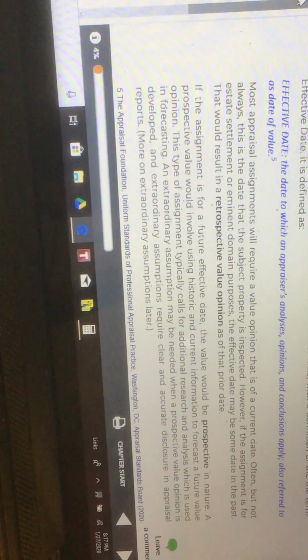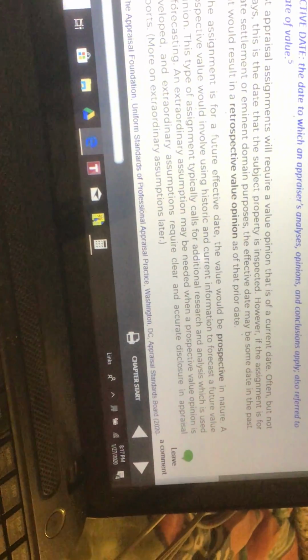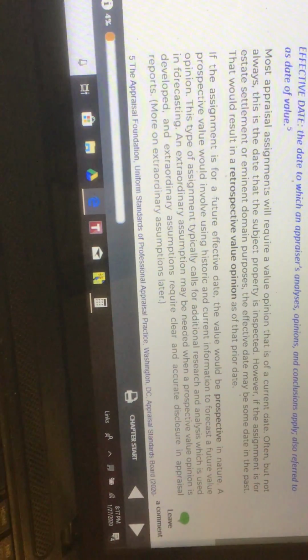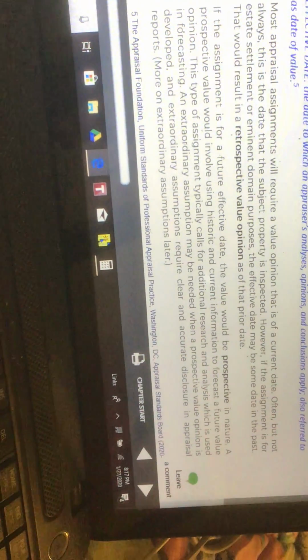If the assignment is for a future effective date, the value would be prospective in nature. A prospective value would involve using historic and current information to forecast a future value opinion.